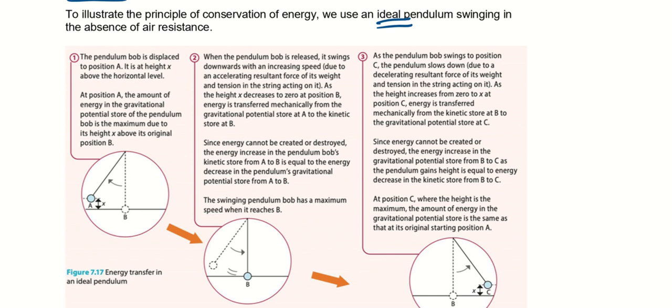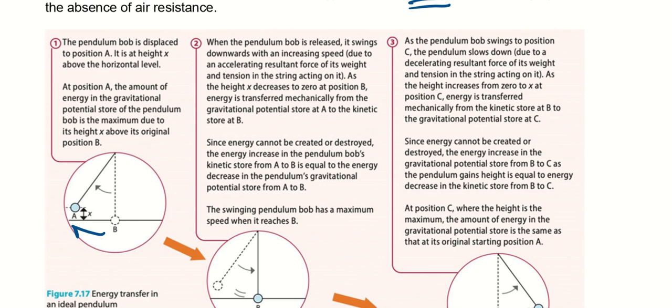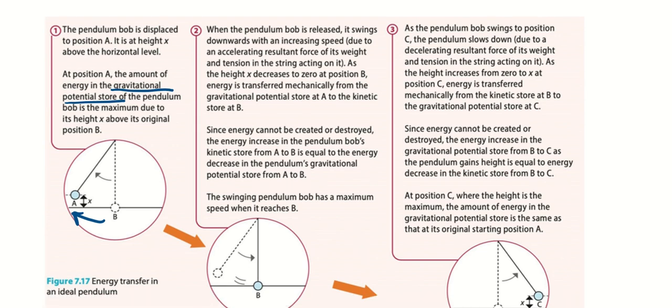At first, we move the pendulum up from its rest position from B to A. When we raise it, it is at a height of x above the horizontal level. At position A, there is energy in the gravitational potential store, because this is the maximum height that we bring it up.